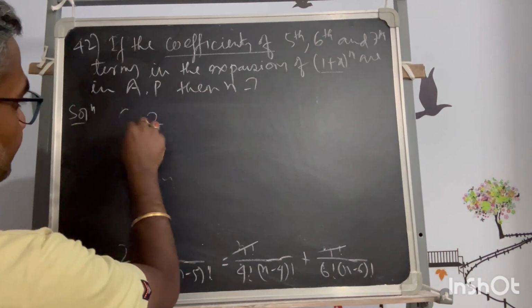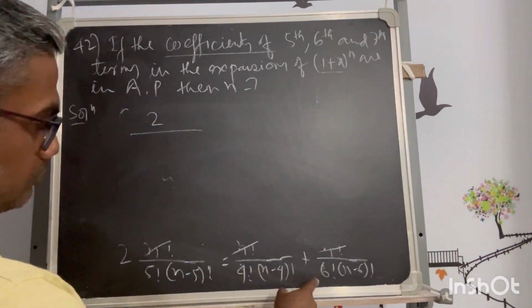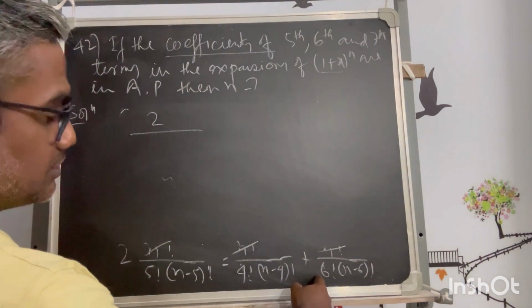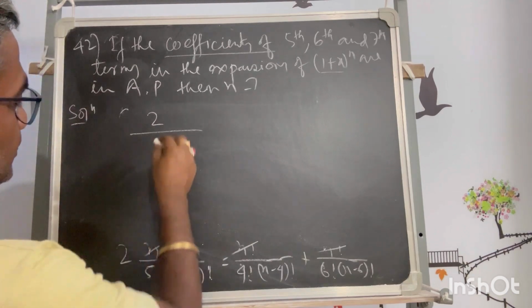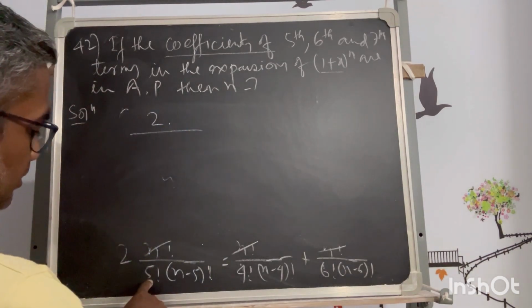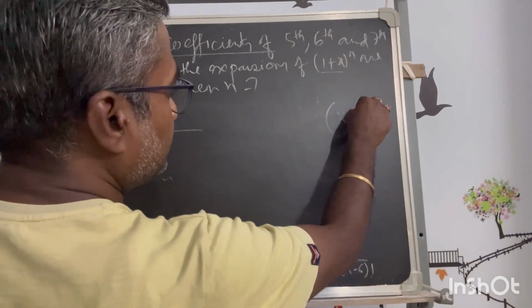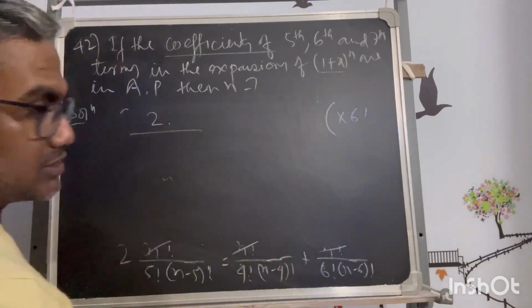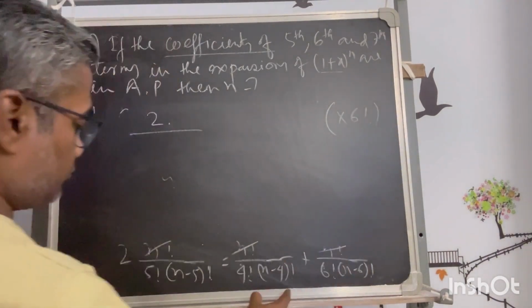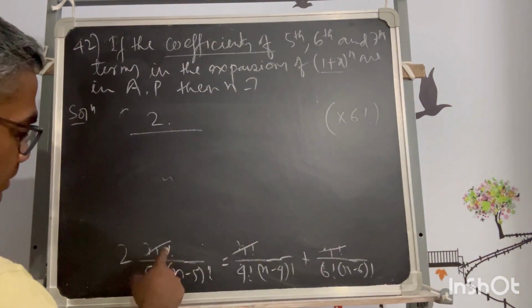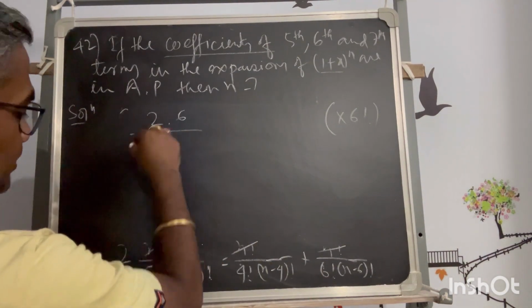So 2 into, here what we can do? The maximum is factorial 6. So if I multiply all by factorial 6, what will I get? This is my first step of solving this. Factorial 6, if I multiply there, it will remain with 6 here.